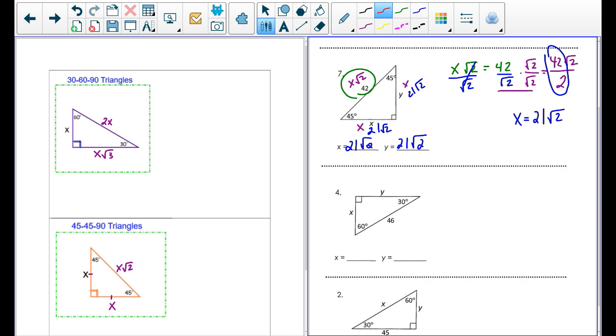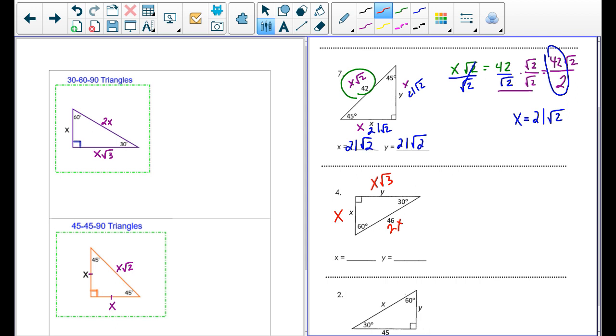So 30 is x. If I go to 30 and go opposite, that's my ratio x. 60 and opposite is x square root of 3. And then opposite, my hypotenuse is 2x. Okay, so the ratio is labeled.